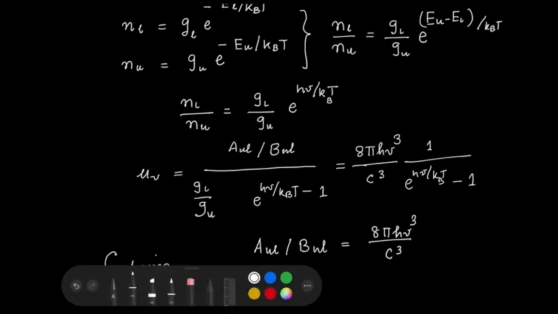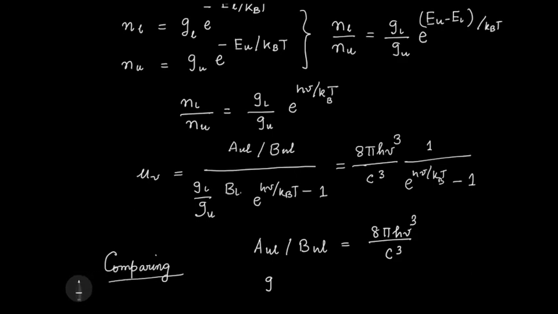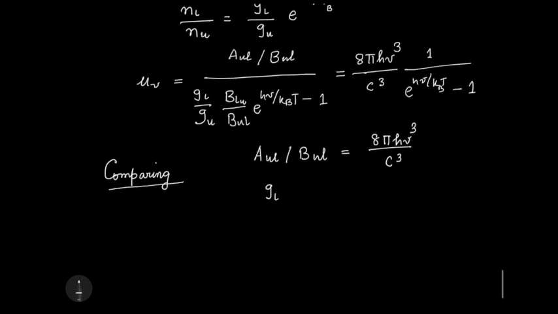So let me organize it a little bit and move it a little bit here. Fine. Which means that GL by GU also has to be BUL by BLU.